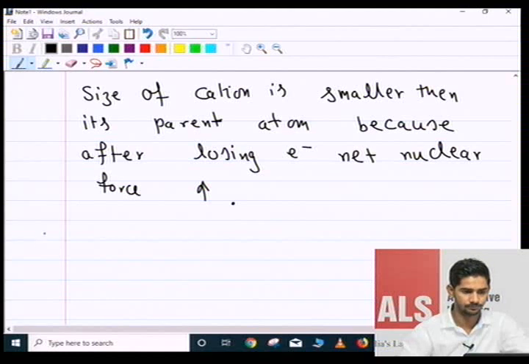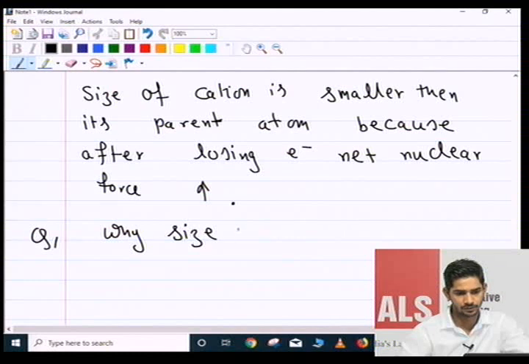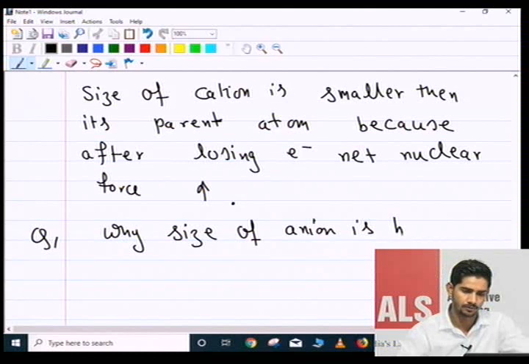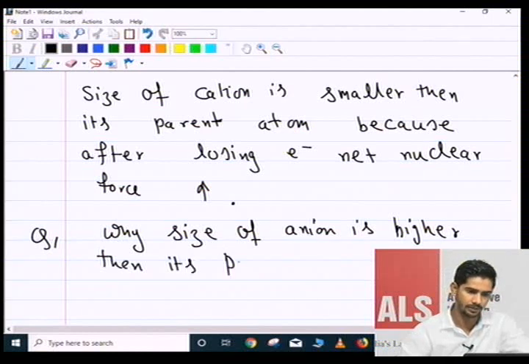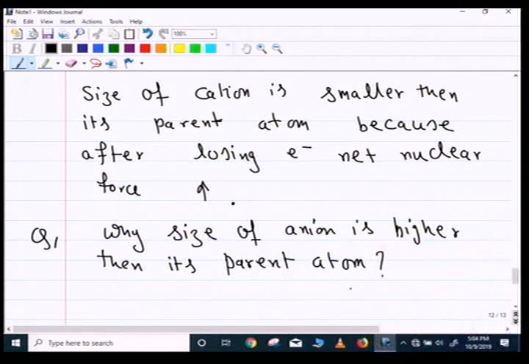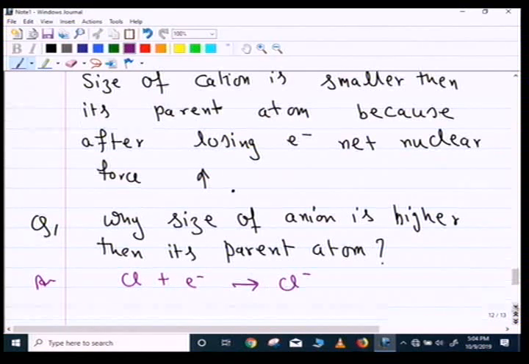Next question. Why is the size of anion higher than its parent atom? Okay, I'm taking the example. Cl gains 1 electron to form Cl minus.